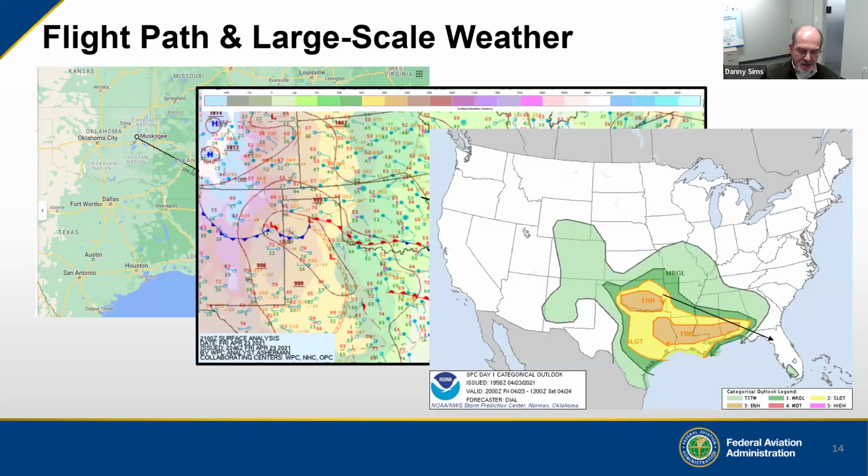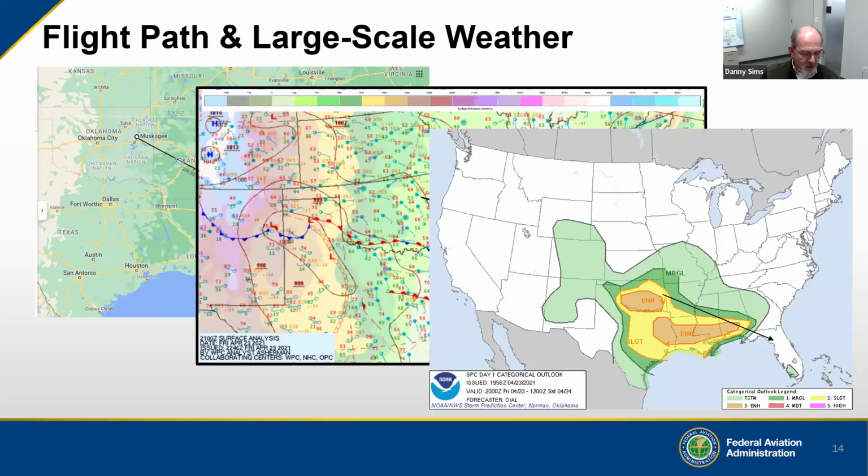These are basically saying that from marginal to slight to enhanced, we're going from limited organization and coverage to increasing organization and higher concentration of storms with various levels of intensity. So right away, without looking at anything else in detail, just the big picture, we know we're in a moisture-rich environment. We know we're in an environment that has the potential for thunderstorms.